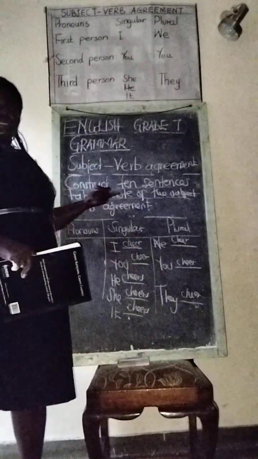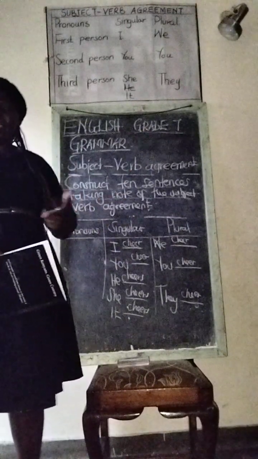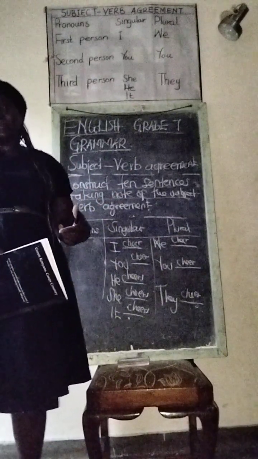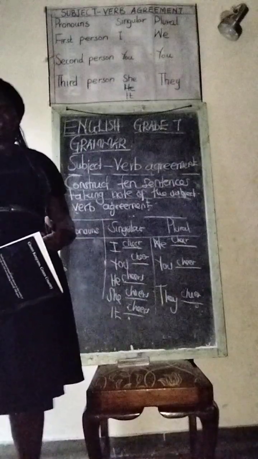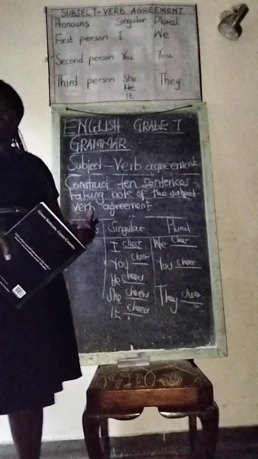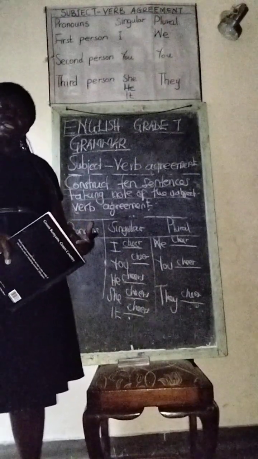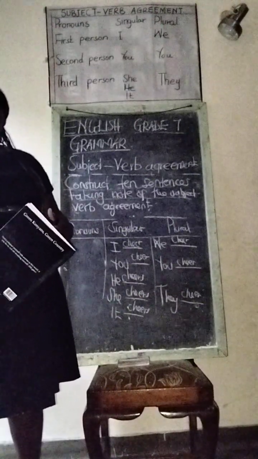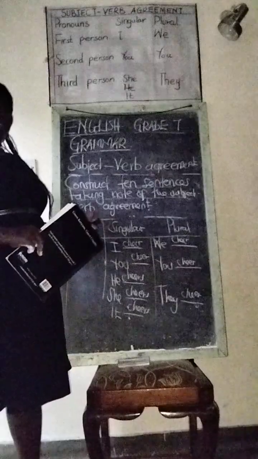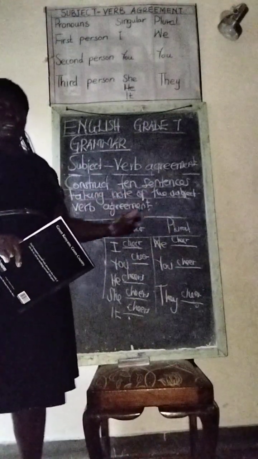Subject-verb agreement means that the subject and the verb must agree in a sentence. If the subject is singular, the verb should also be singular. If the subject is plural, the verb should also be plural. For singular verbs in the simple present tense, you just add s.